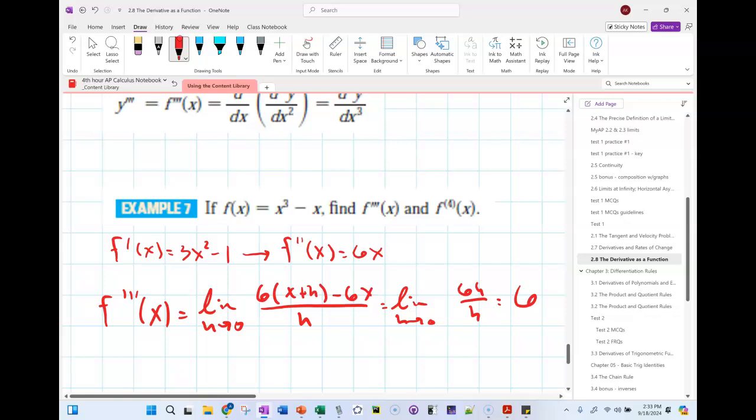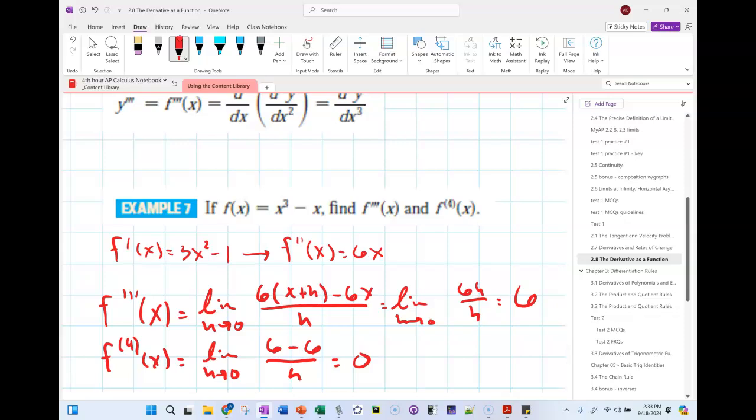How about that fourth derivative? Can anybody do it in their head? Zero. Think about it this way. If your function is y equals 6, what does that look like? Horizontal line. What's the slope everywhere? 0! So of course the derivative of a constant has to be 0.